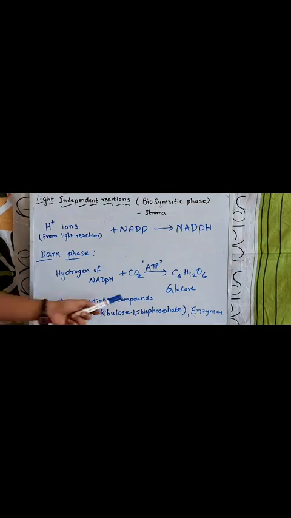Here this light independent reaction will take place with the help of so many sequence of events. Here so many intermediate compounds like RUBP and enzymes are involved. RUBP, the full form of RUBP, is ribulose bisphosphate or ribulose 1,5-bisphosphate, because of the presence of phosphorus groups at the first and fifth carbon atoms. Ribulose bisphosphate and enzymes are involved during the sequence of events of this light independent reaction. Is it clear?